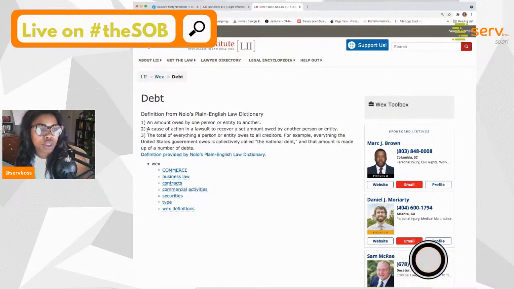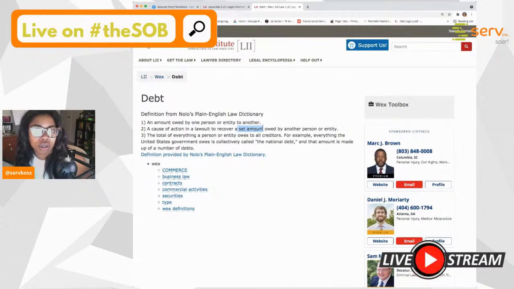And that's what a securities exchange is: a cause of action in a lawsuit to recover a set amount owed by another person or entity. I think the amount set is the amount tendered or the amount paid. I don't think you can really pay a debt using any of the tenders that we typically use.